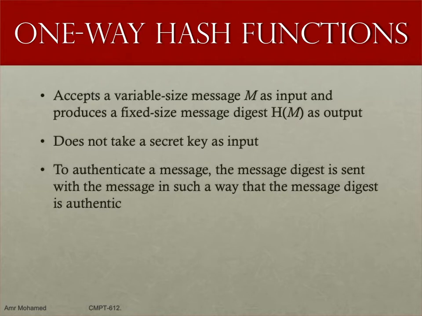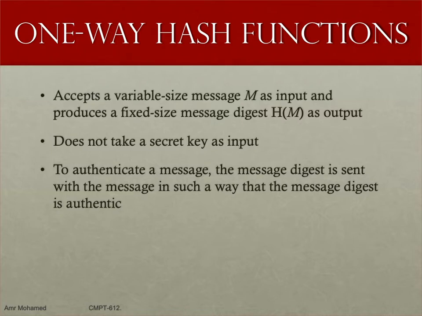The first approach is to use normal hash functions as a way to generate digital signatures to preserve integrity. And then we can use the authentication through encryption techniques later, using the key. What is the main objective of the hash functions? The hash function accepts any variable size message, any size.